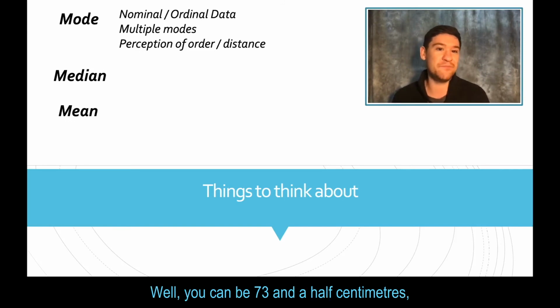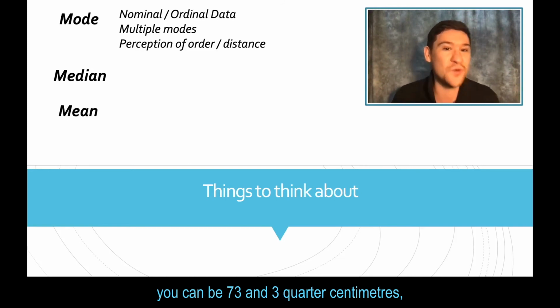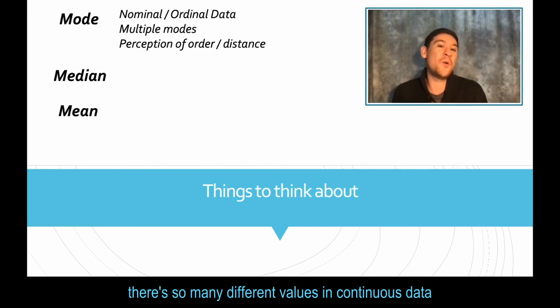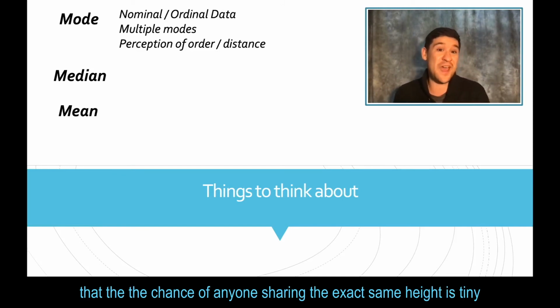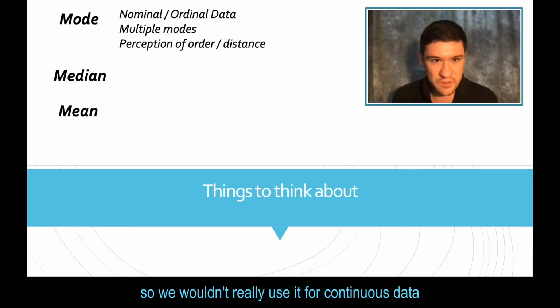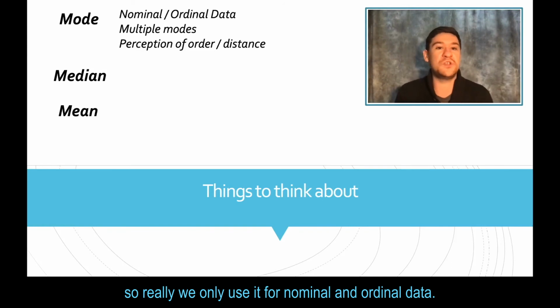Well, you can be 73.5 centimeters, you can be 73.75 centimeters. There are so many different values in continuous data that the chance of anyone sharing the exact same height is tiny. So we wouldn't really use it for continuous data. So really we only use it for nominal and ordinal data.